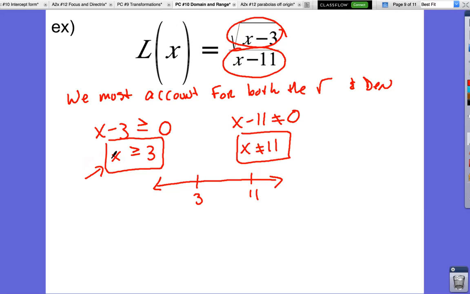What does this say? X has to be what? Greater than or equal to 3. So it's all values where it is greater than or equal to 3, except x cannot be what? Cannot be 11. Now, hold on. Any questions?